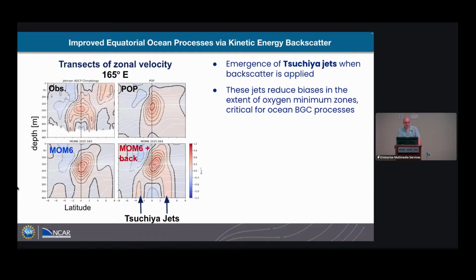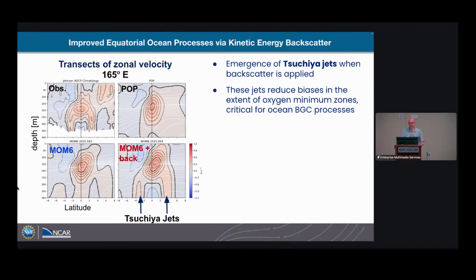Still, in terms of improvement, we saw this slide earlier from Dave Lawrence's presentation, and I also presented this before, but when we added the backscatter, we were able to see these Sochi jets, which were otherwise absent in MOM6 without backscatter, on the top right, and you see them in the observations. So again, this was presented before.